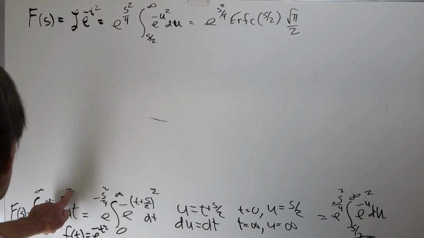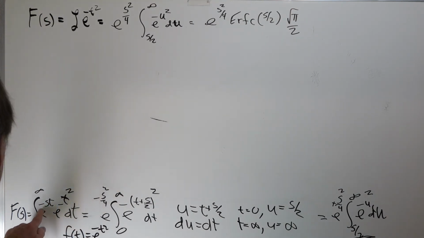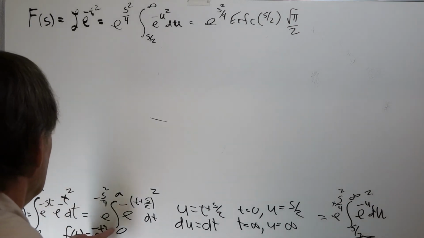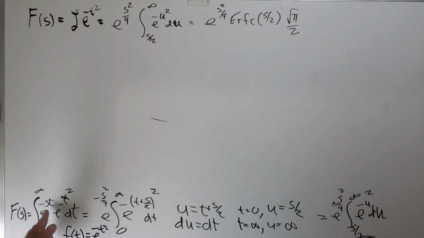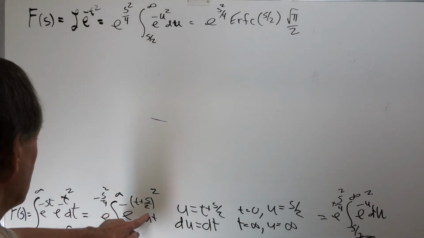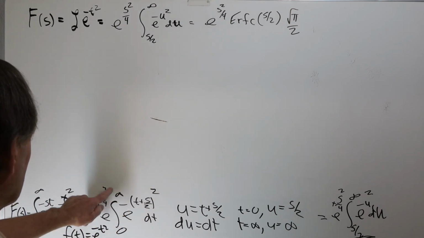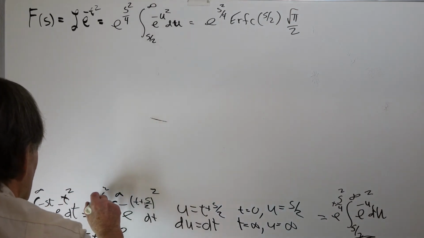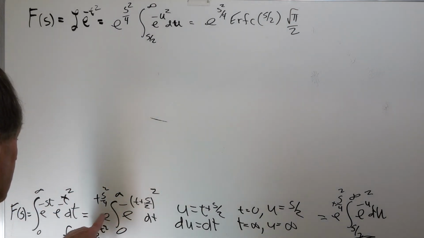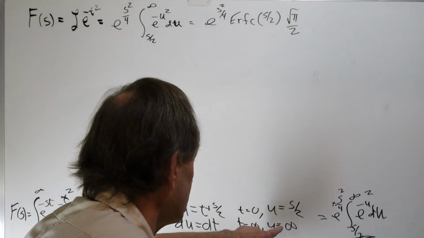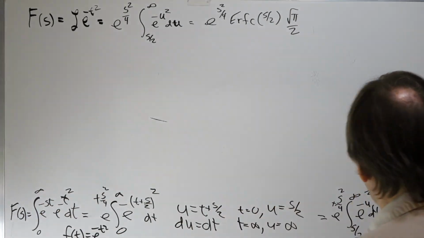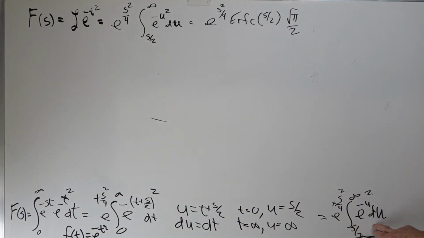So e to the minus t squared here, we multiply by e to the minus st, and then we combined the exponents on the exponentials, completed the square, and then we pulled the constant term out of the integral. That wasn't a function of t. And then we did a change of variable, changed the limits, and we ended up with this integral.